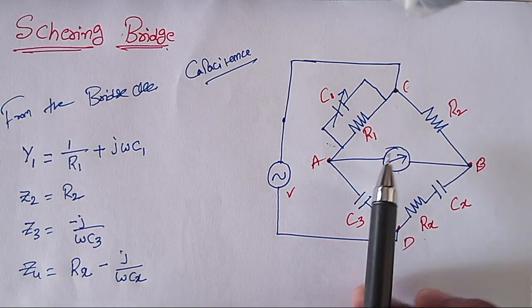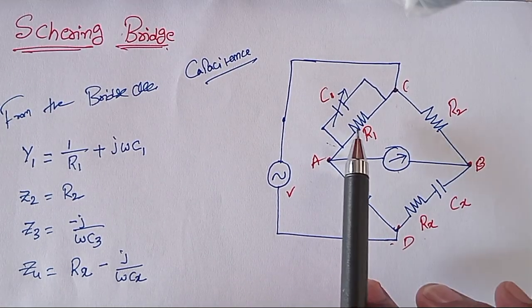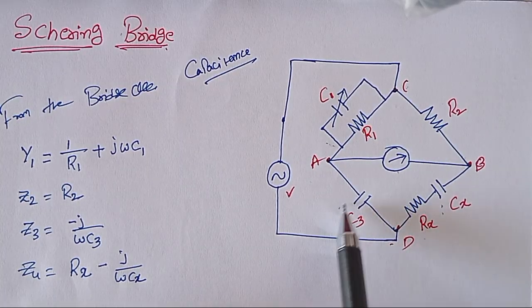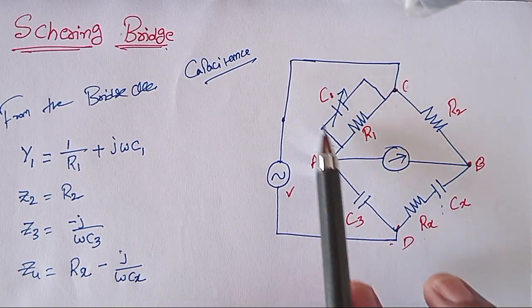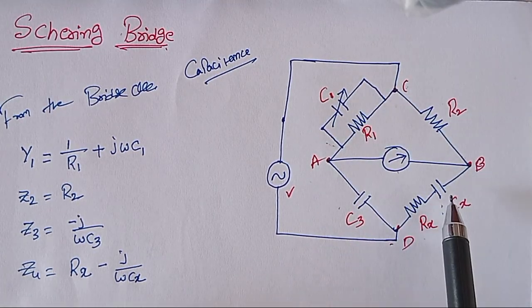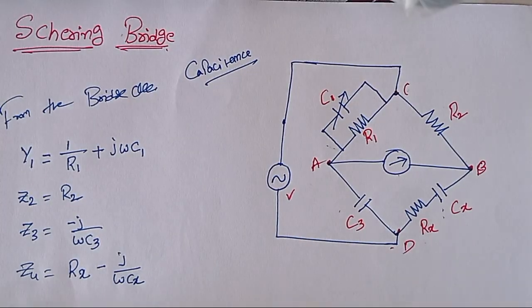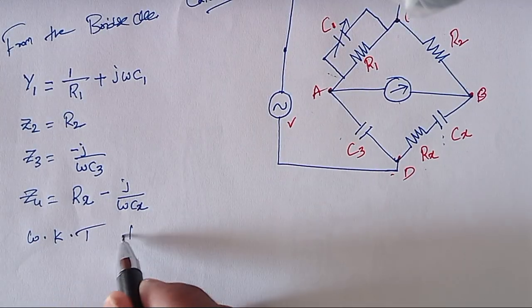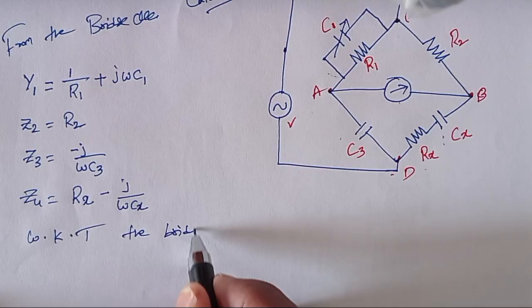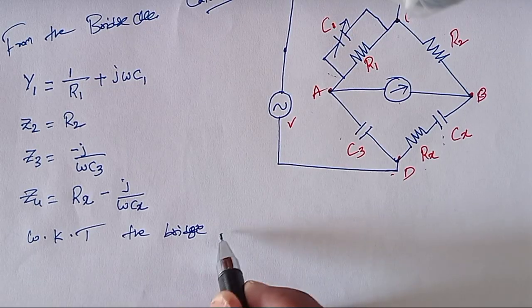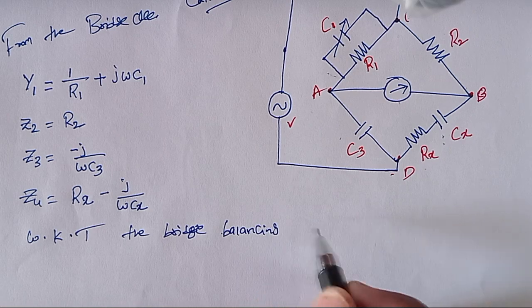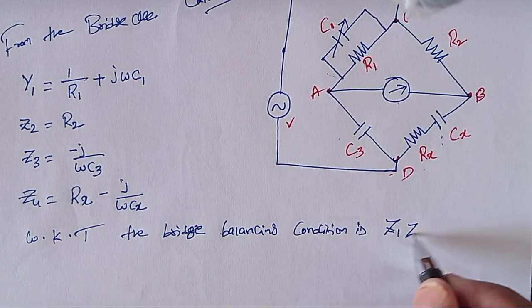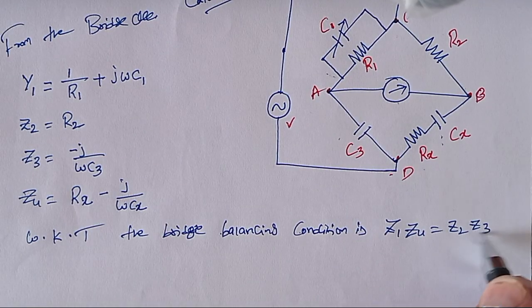Now, in case of AC bridges, the bridge balancing condition is that the product of opposite impedances is equal to the product of another two opposite impedances. Here it is the first arm, it is the fourth arm. So we know that the bridge balancing condition is Z1 Z4 equal to Z2 Z3.